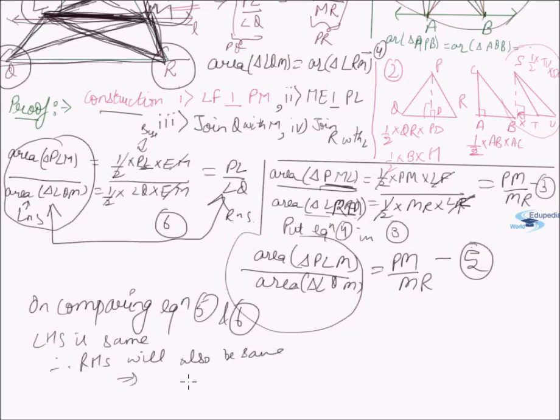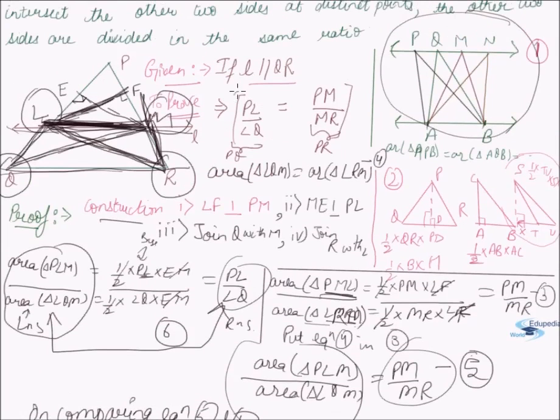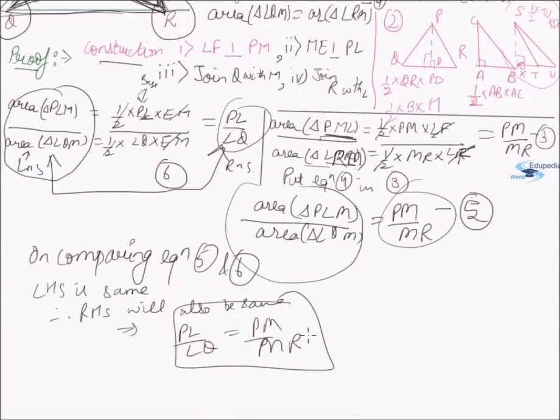And if the right hand side is the same, we can say PL over LQ is equal to PM over MR. Hence the given to-prove part has been proved.